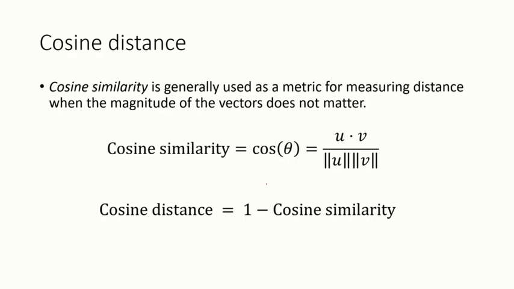Okay, so we can use cosine theta as a similarity calculation for two vectors. If they are orthogonal to each other, then it is 0. If they are somehow towards the same direction, this value will be higher.